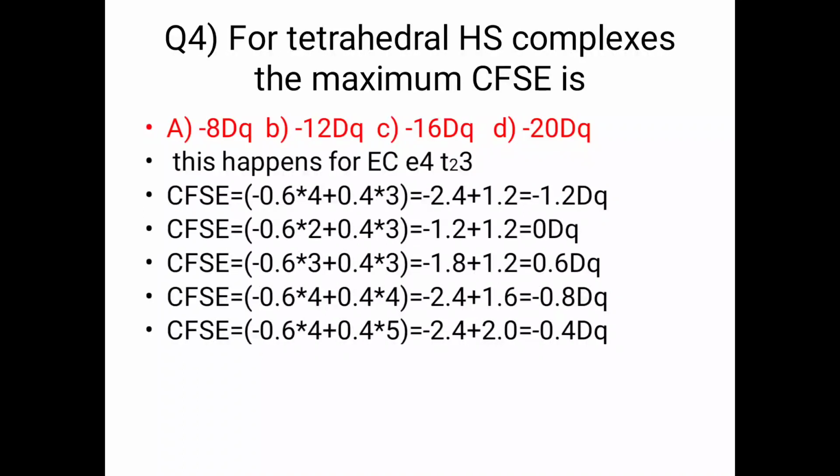It happens only for the electronic configuration e4 t2^3. I've calculated for them, and you observe that the maximum CFSE is seen for option B. You can take all the other electronic configurations and try calculating, but you will observe that it is seen only for this particular electronic configuration.